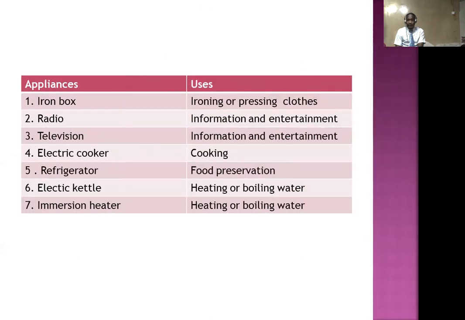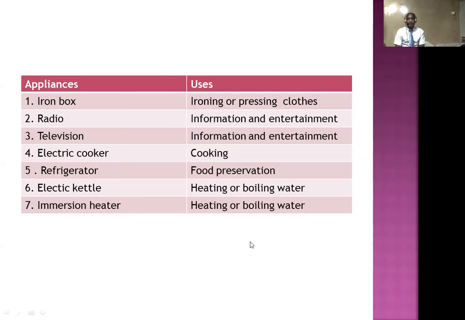Number one, we have iron box. An iron box is used for ironing or pressing clothes to remove creases. Appliance number two is radio. A radio gives us information and entertainment.